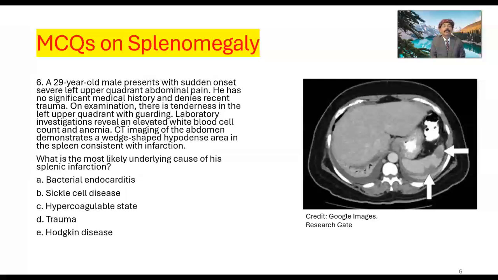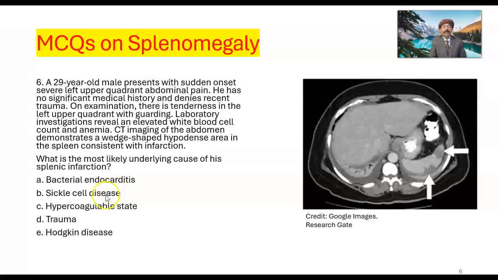Laboratory investigations reveal an elevated white cell count and anemia. CT imaging of the abdomen demonstrates a wedge-shaped hypodense area in the spleen consistent with infarction. So you got the infarction here. Another one is here. This is the spleen. What is the most likely underlying cause of his splenic infarction?